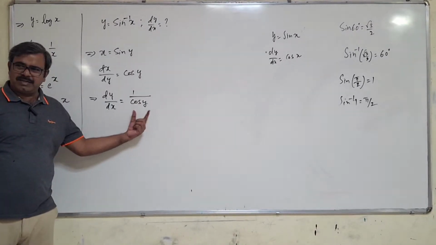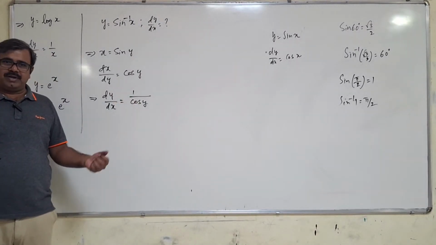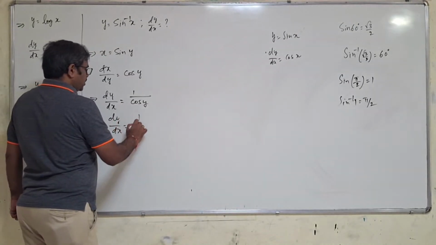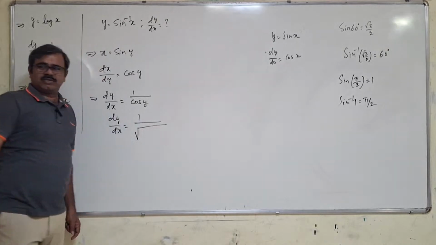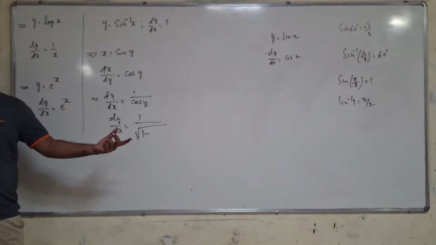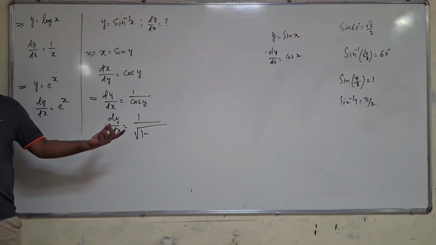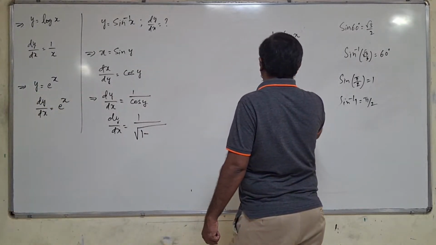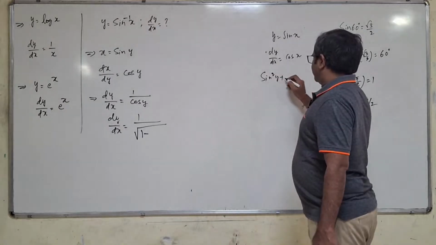Let's write the right hand side in terms of x. How? We know sine square theta plus cos square theta is equal to 1.